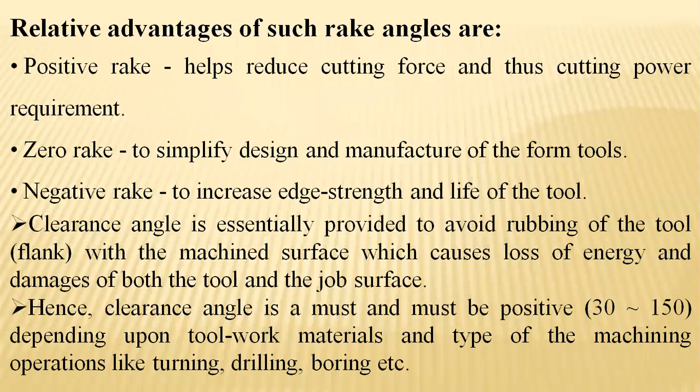So we have the type of materials, in the sense ferrous content materials and non-ferrous content materials, related to the different types of compositions of the materials. And even for different machining processes, different clearance angles have to be set, such as the turning process, drilling process, boring process, reaming, shaping, etc. processes.